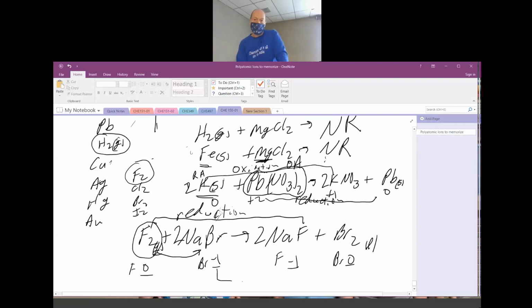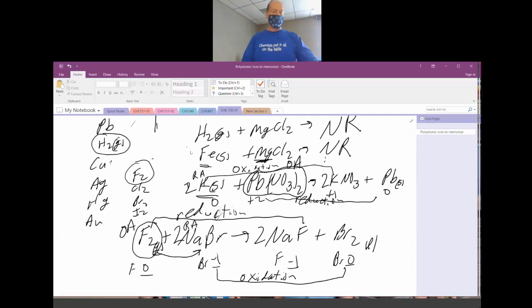And when you're going from a -1 up to 0, that is your oxidation. All right, and so your fluorine is the oxidizing agent, and your NaBr is your reducing agent. So whenever we're doing oxidation reduction, you're going to have to label the oxidation numbers and tell me the oxidation half reaction, the reduction half reaction, the oxidizing agent, and the reducing agent.